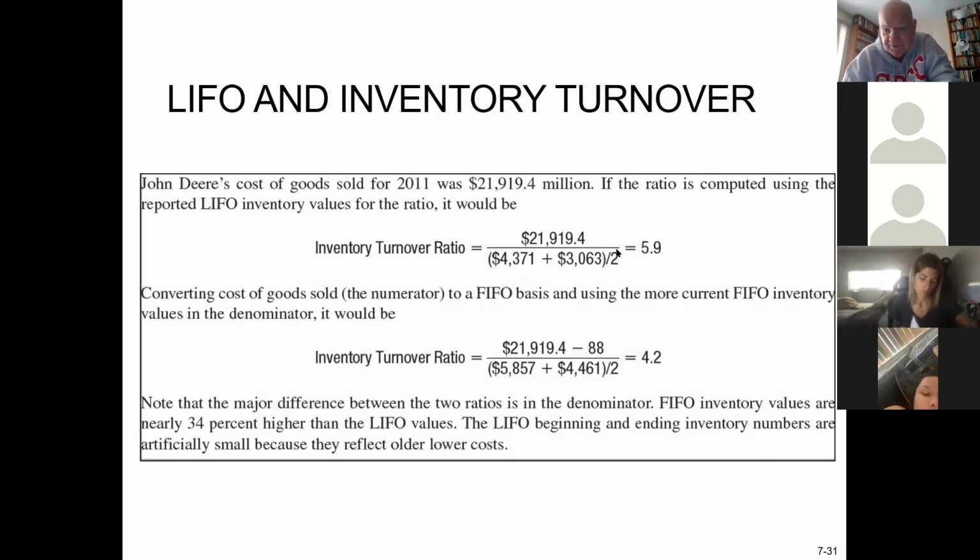If we divide 365 by this number, let's call it 6, we'd have about a 60-day turnover, okay? And here they're showing you what happens when you convert to a FIFO basis using the more FIFO inventory. This is just an exercise in how to do the turnover.